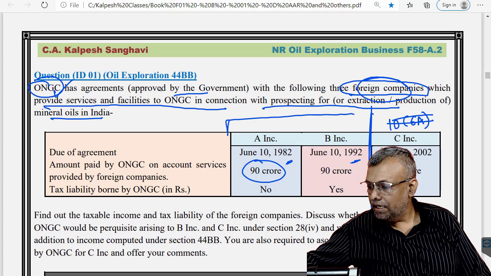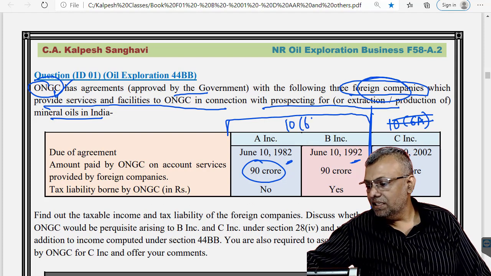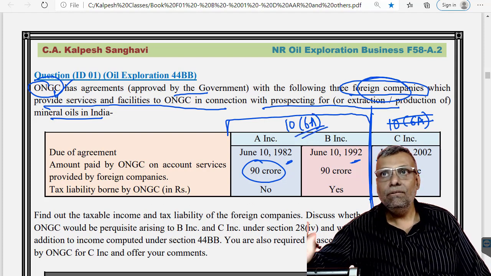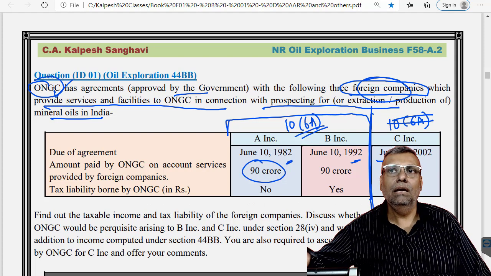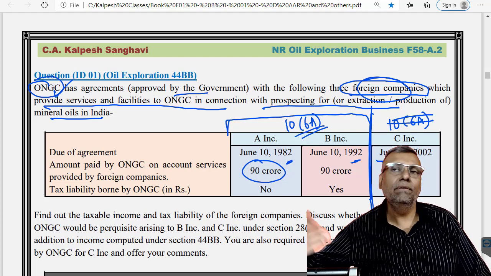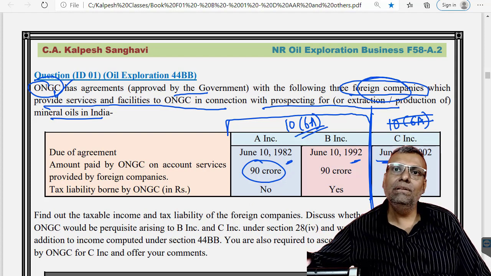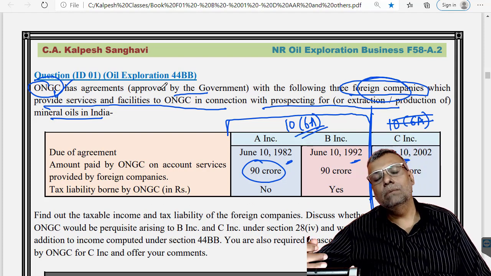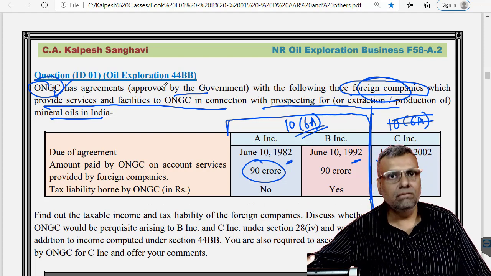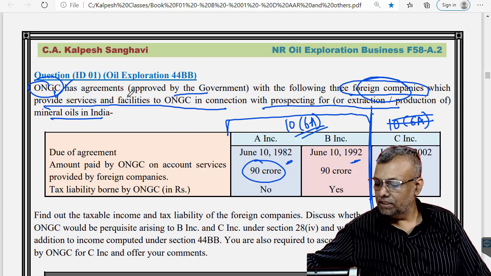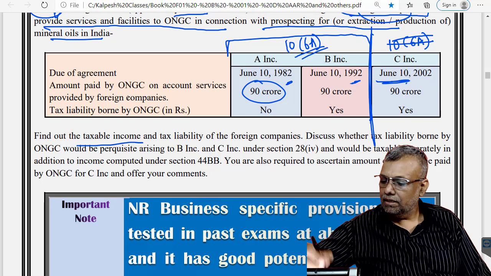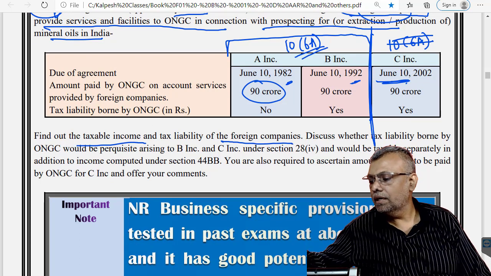For A and B, the 10(6)(a) benefit can be available if ONGC is paying the tax, because that also we have to see. 10(6)(a) will come only if the taxes are paid by ONGC. Otherwise, the respective foreign company has to pay the taxes from its own pocket, because it is its own tax liability. So in the given case, we will have to find out the taxable income and the tax liability of the foreign company.